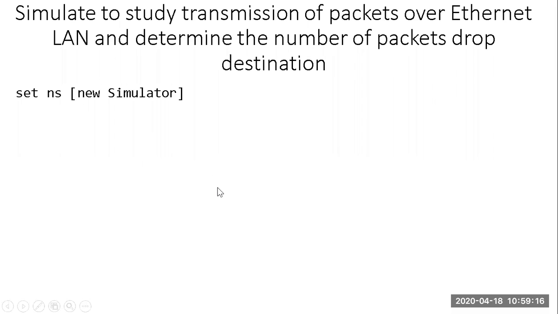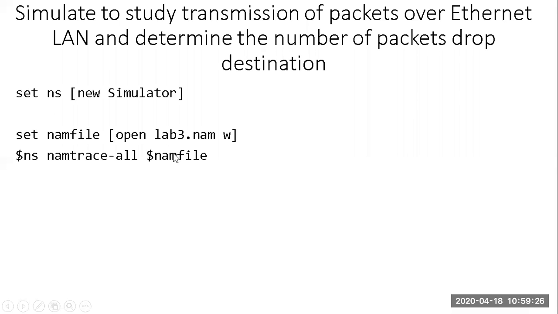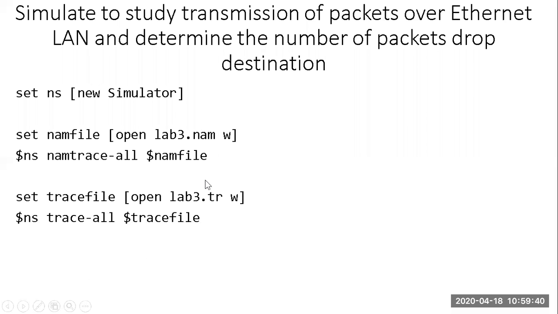First we'll create an NS object, the network simulator object. Later a NAM file is created and we open it with lab3.nam in write mode, and we trace all the NAM files with a NAM trace. We'll also create a trace file and record all the tracing happening in it.